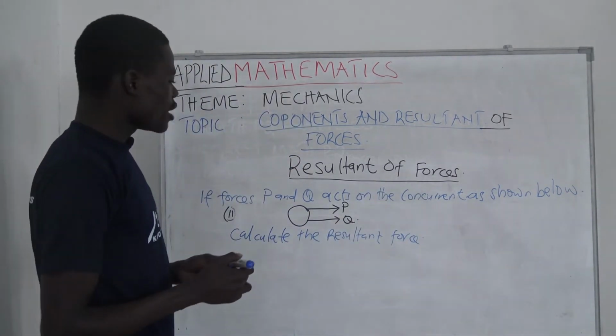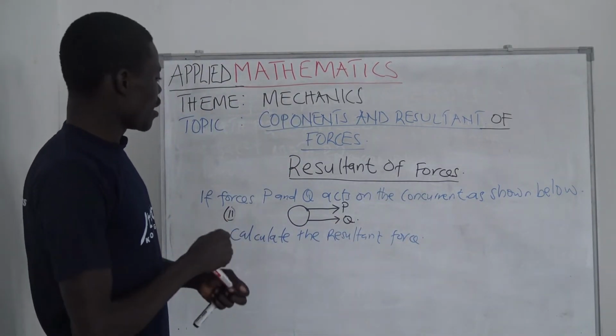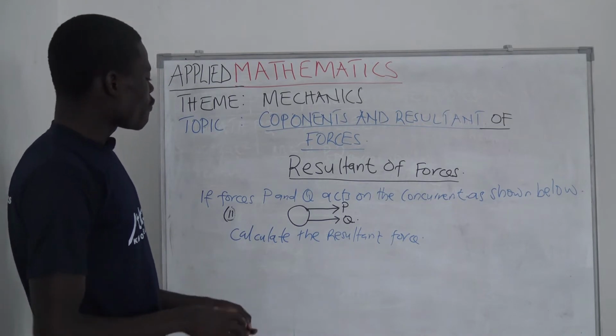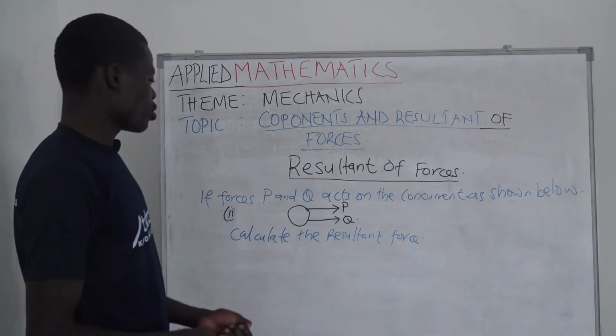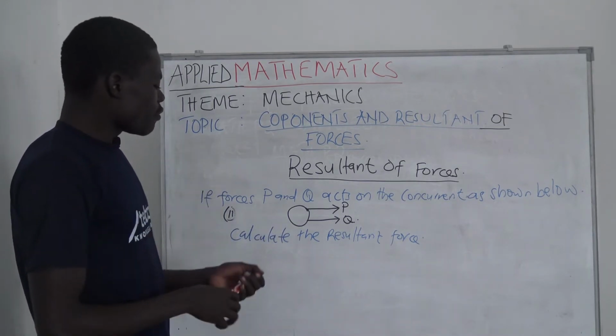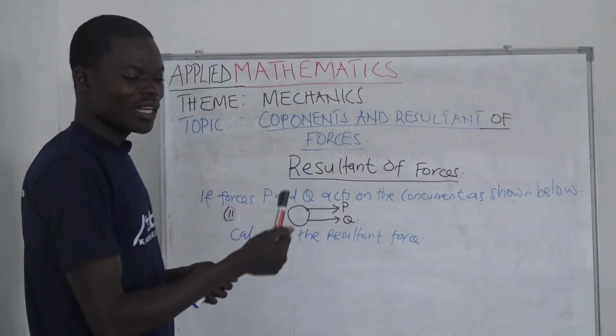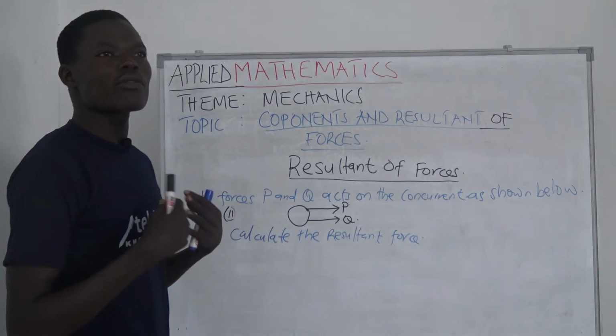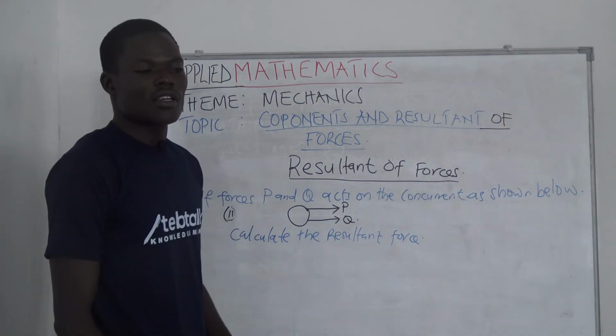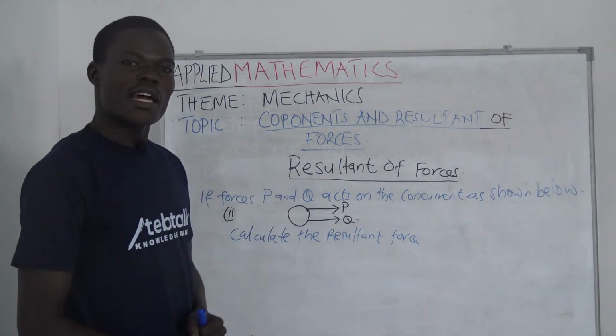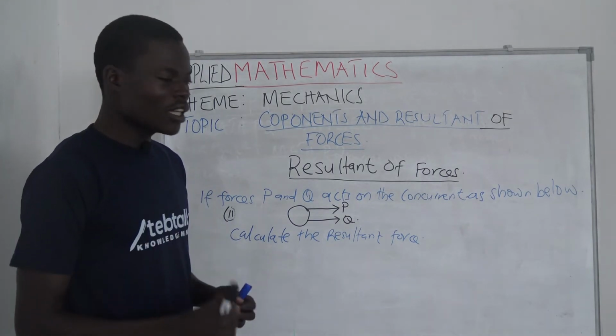For forces in the same direction, if one is pulling you with 2 and the other with 1, the resultant force increases in that direction where those two people are pulling you.